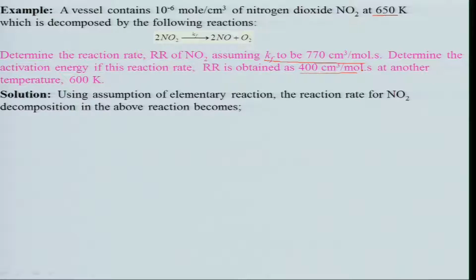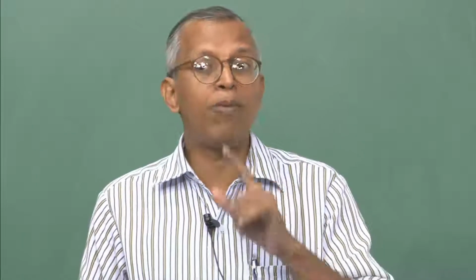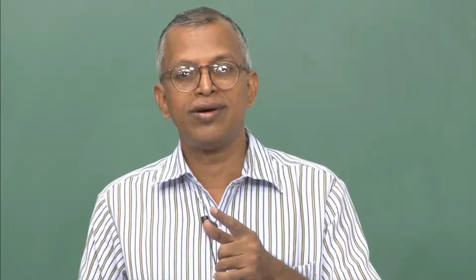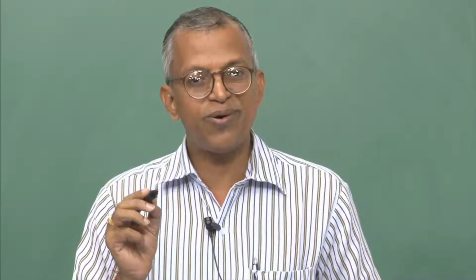That we will try to discuss maybe after this example, but keep in mind that the Arrhenius form of equation is valid only for the elementary reaction, but however, we will be using it for the global reaction as well. And the law of mass action also is valid for the elementary reaction only.